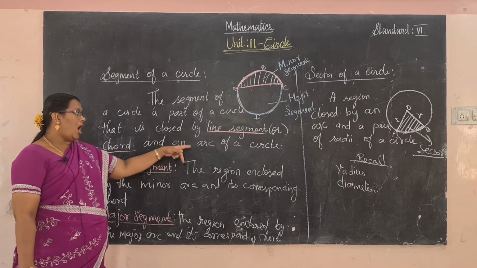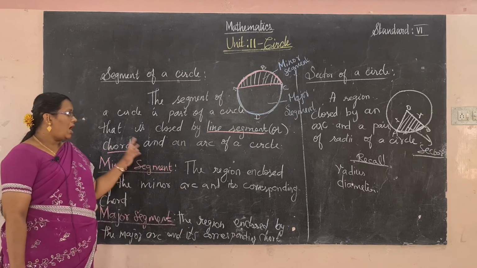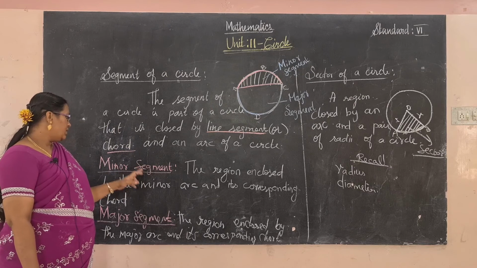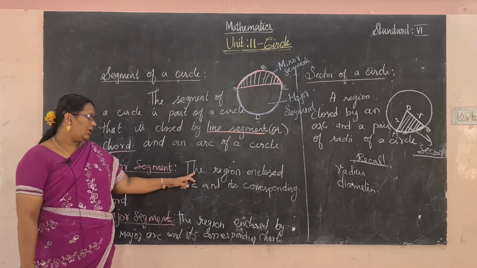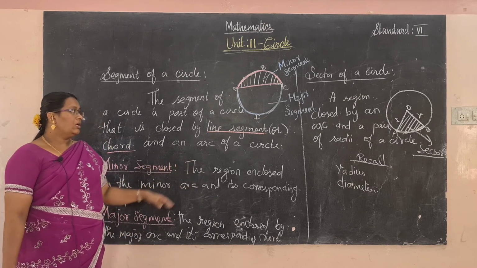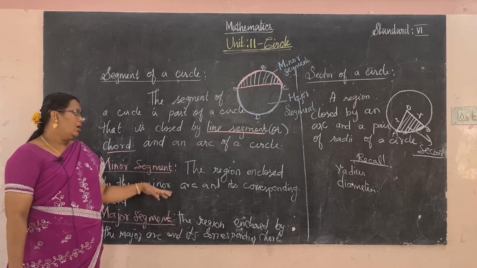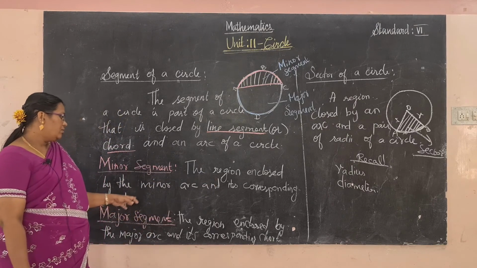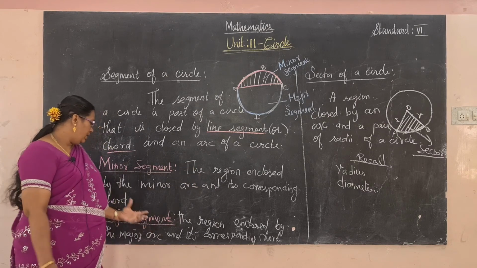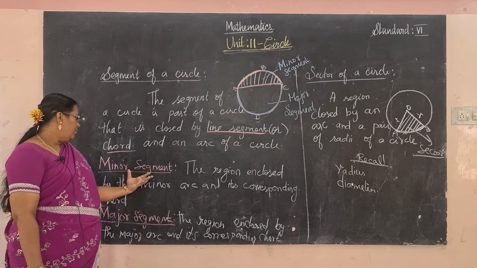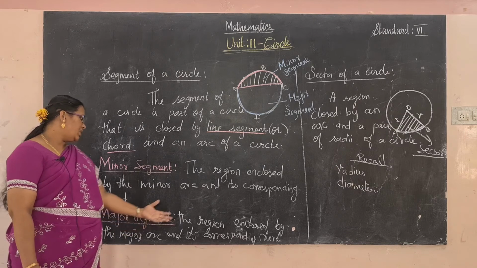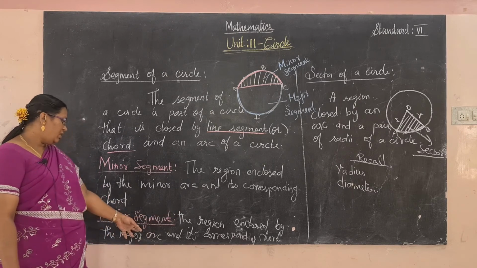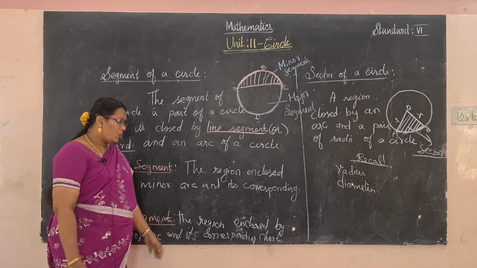The two types of segment are the minor segment and the major segment. The minor arc and its corresponding chord form the minor segment, and the major segment means the region enclosed by the major arc and its corresponding chord.